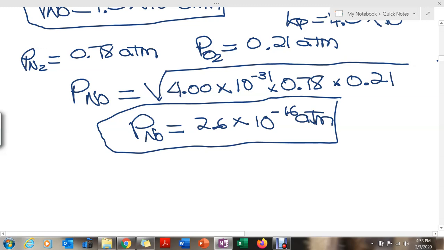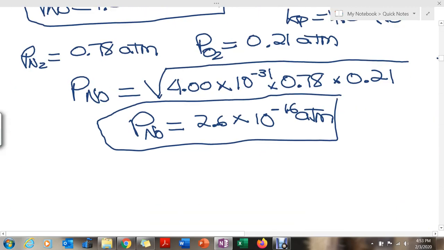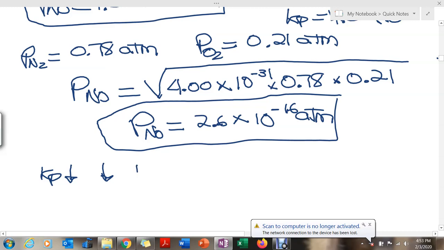We saw that the Kp decreases from 4.5 times 10 to the negative 11 to 4.0 times 10 to the negative 31. So the Kp decreases with a decrease in temperature.